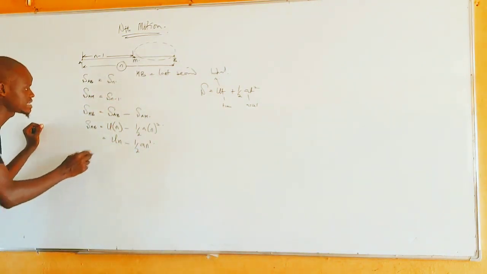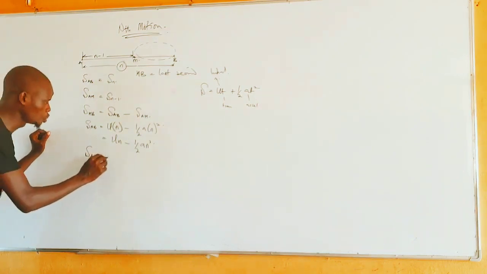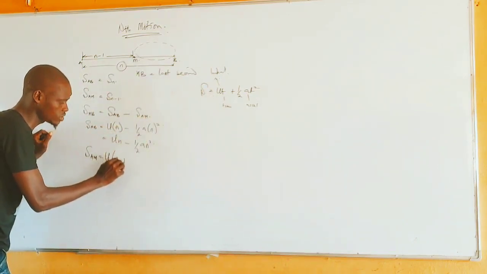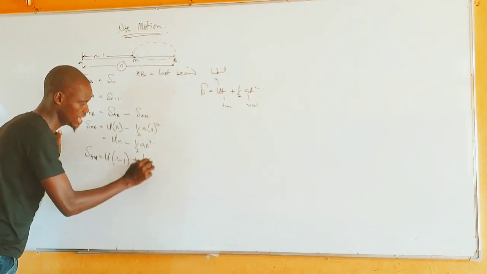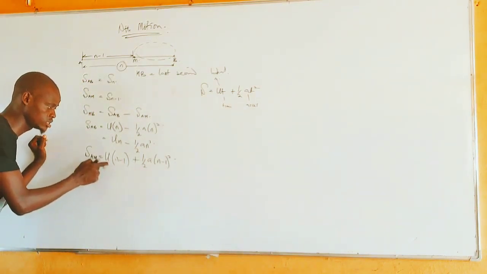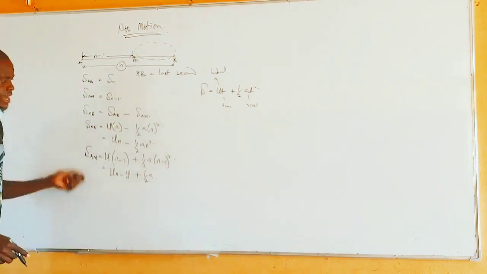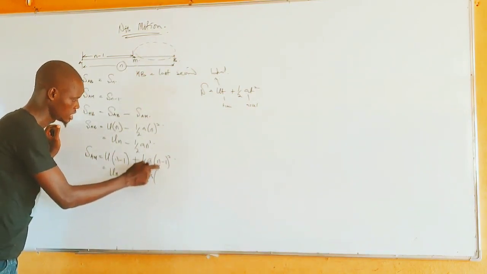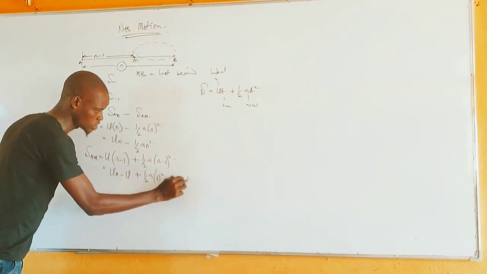Now let's take a look at distance AM. Distance AM will be equal to u, using the same equation, with n minus 1 instead of t, plus half a times (n minus 1) squared. You can easily expand this. I'll have un minus u plus half a times (n squared minus 2n plus 1).